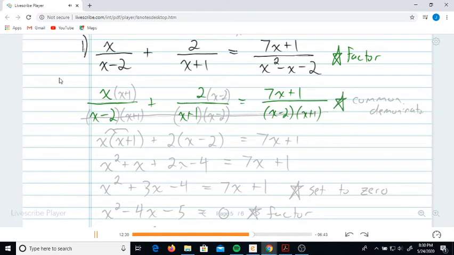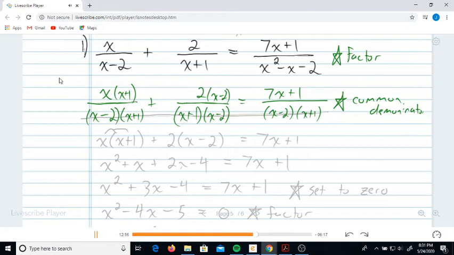And this is where we're going to go for that common denominator. So this is just like we were doing in the first worksheet last week. So we notice this first denominator is missing a factor of x plus 1. So multiply by x plus 1 over x plus 1 accordingly. This one's missing a factor of x minus 2, so multiply numerator and denominator accordingly. That third denominator is fine.